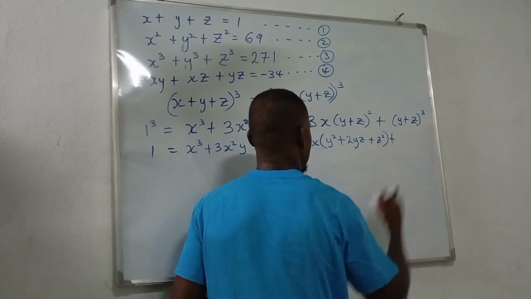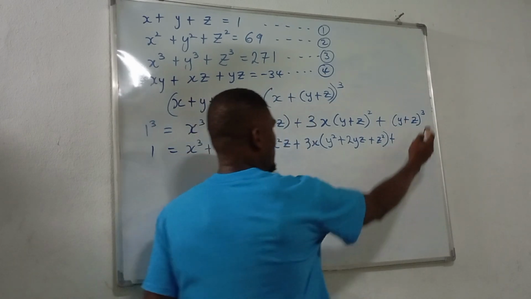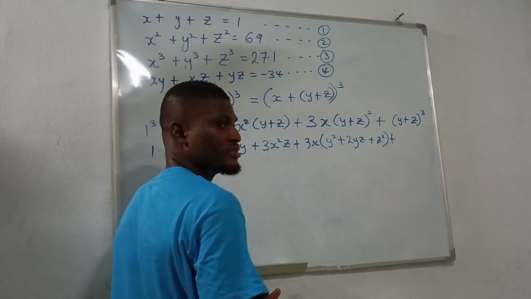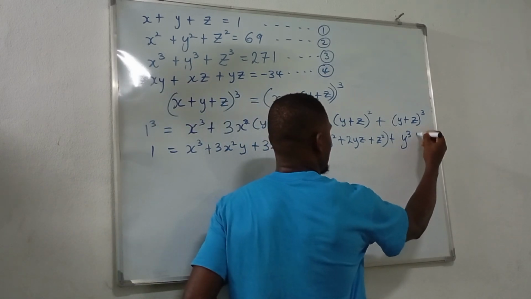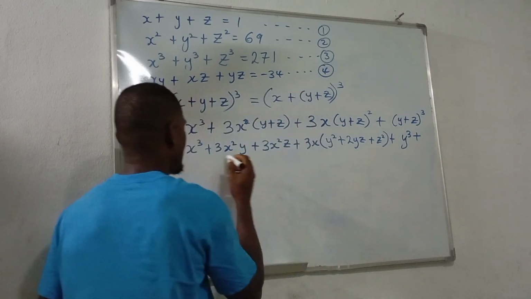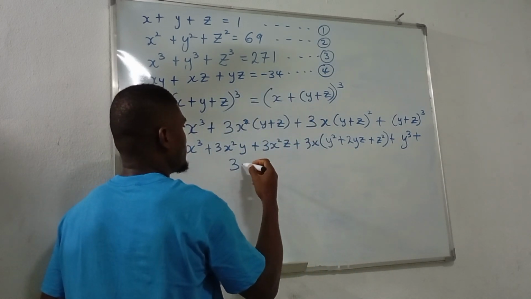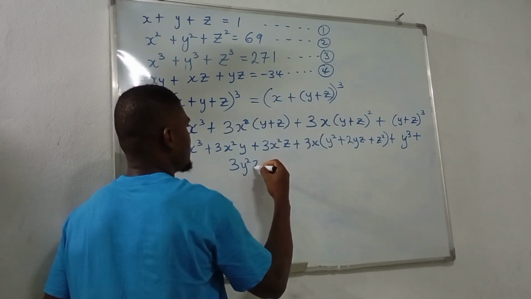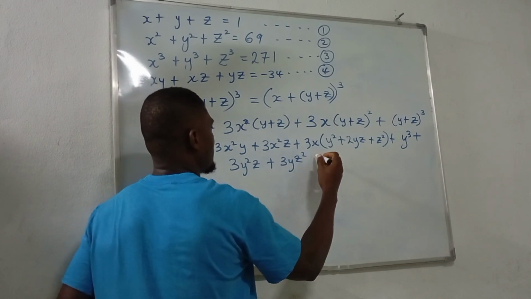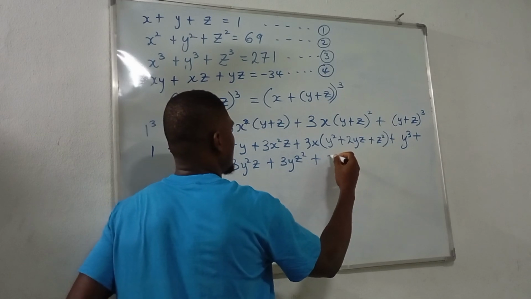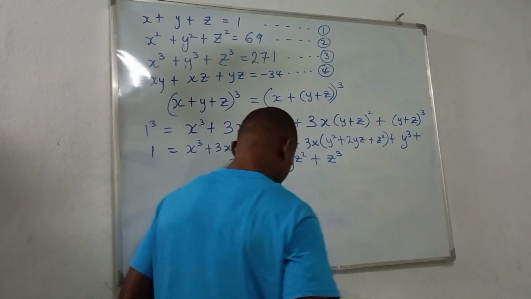Then we are going to expand this. Now this is the power of 3, so we're still going to use the coefficients 1, 3, 3, 1. So this is going to be y raised to the power of 3 plus 3y squared z plus 3yz squared plus z to the power of 3.